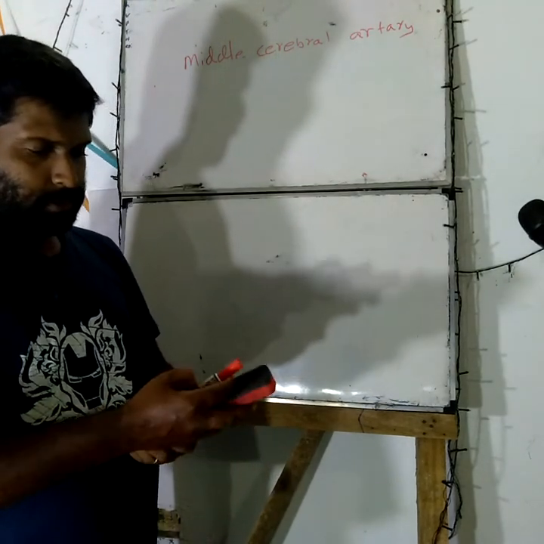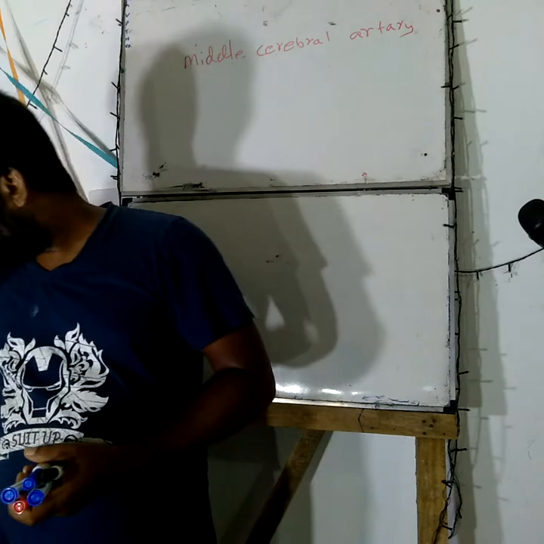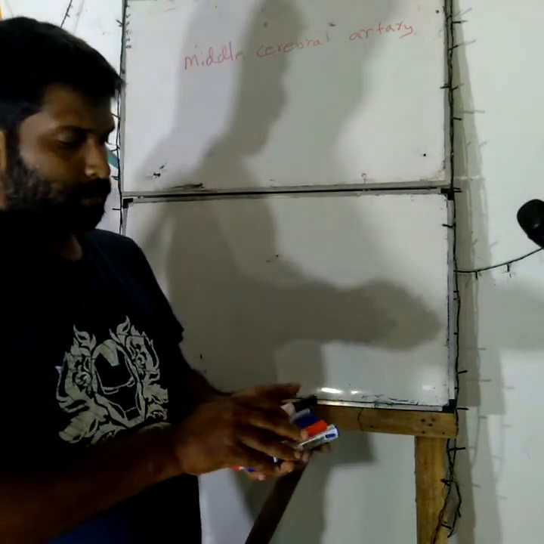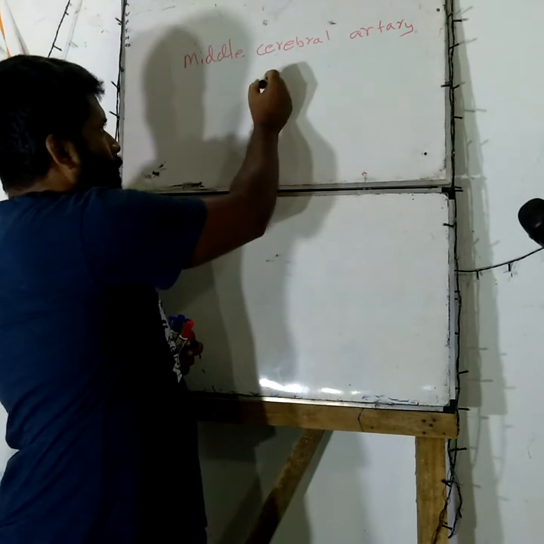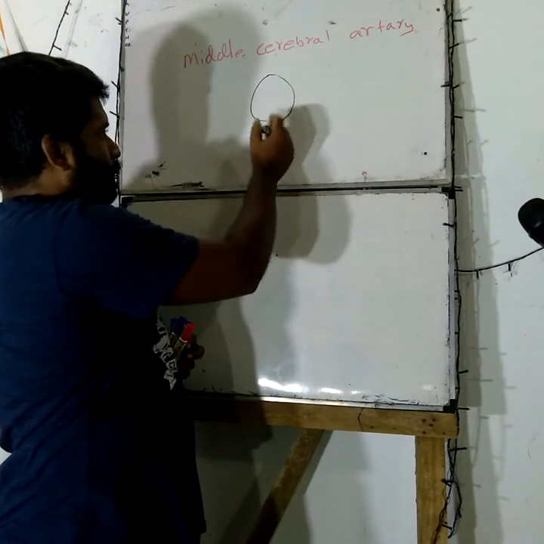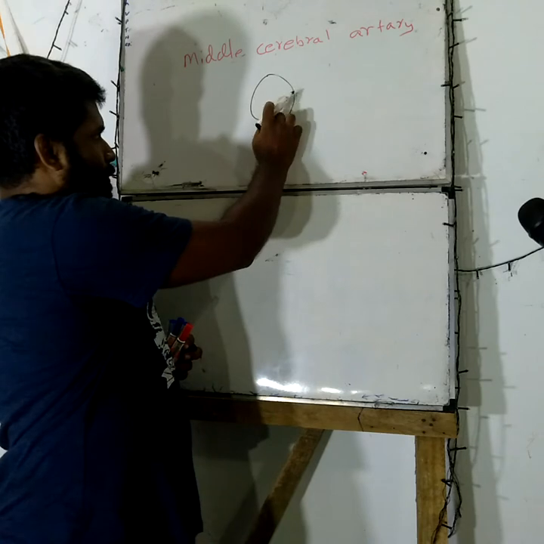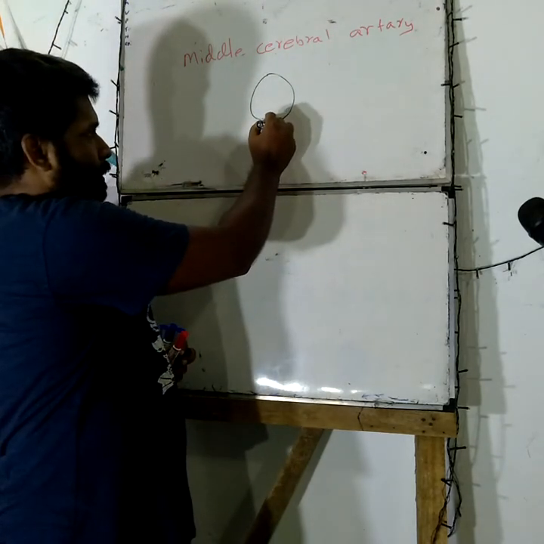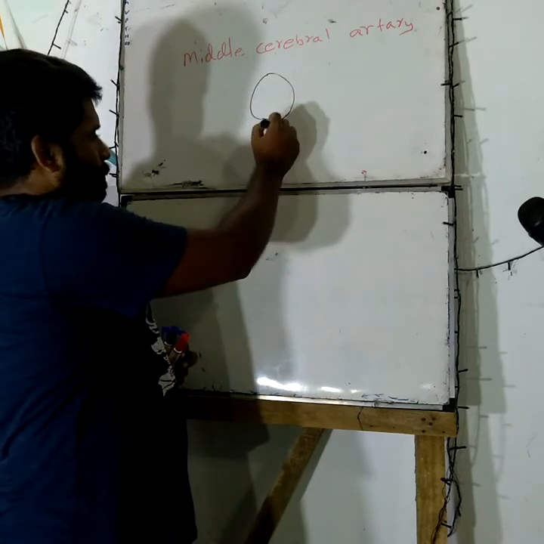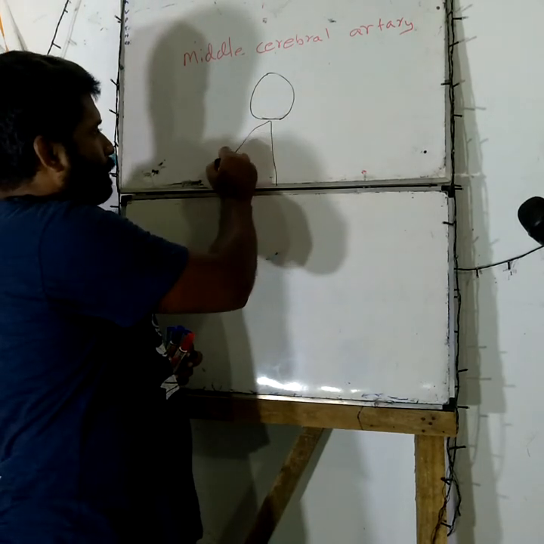The first patient is also a middle cerebral arterial damage person. This is the brain area. This picture is normal. This is the hand.